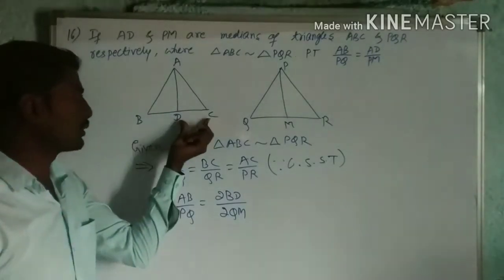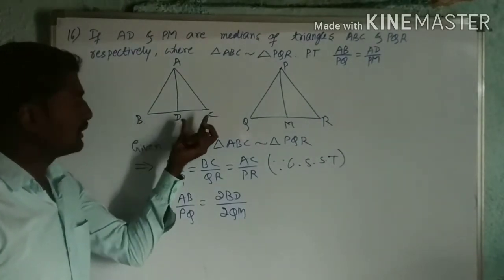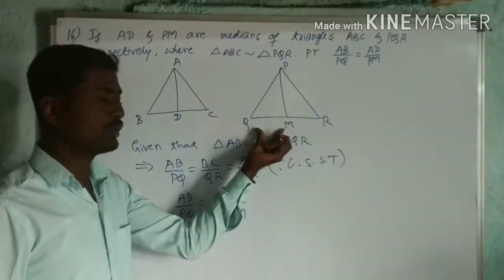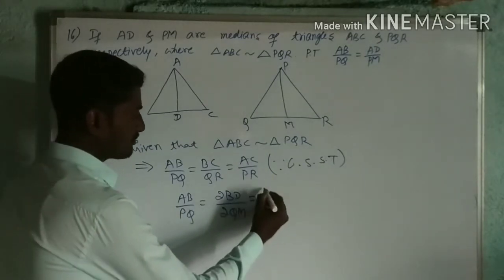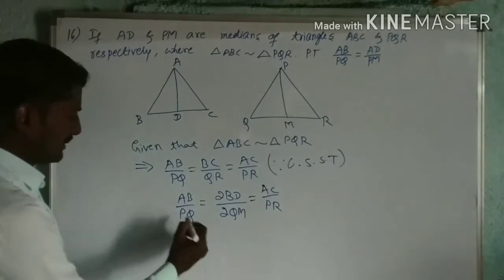So BD is equal to DC. In place of BC, I can write 2BD or 2CD. Here also QR can be written as 2QM or 2MR. Now this is equal to AC divided by PR.